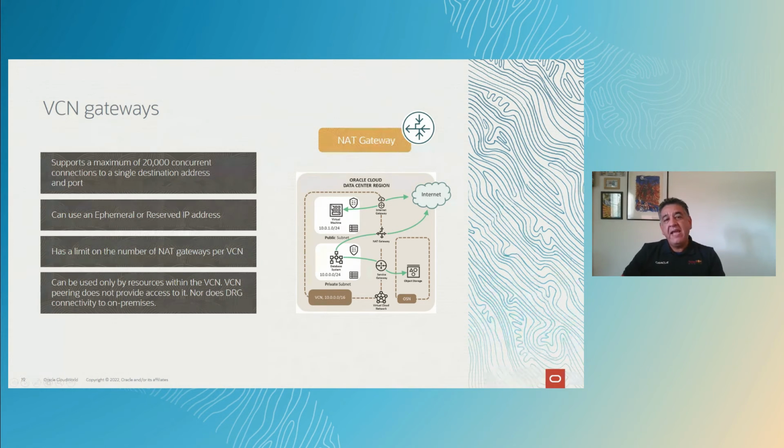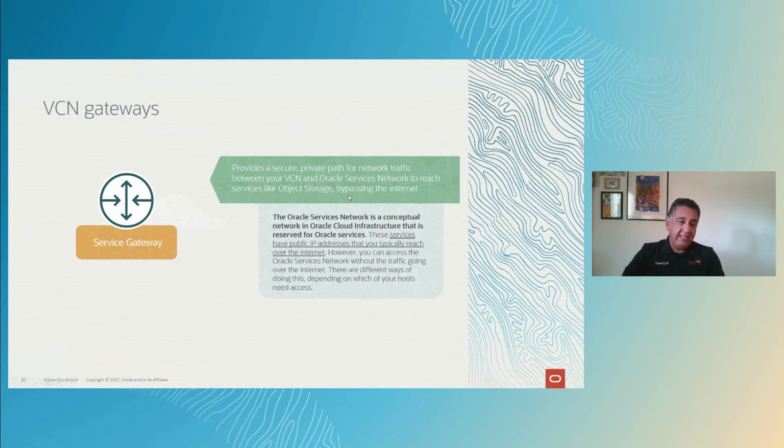Now, the internet gateway and the NAT gateway are not the only gateways that we have in a virtual cloud network. We also have the service gateway, and this is a gateway that has a very specific need. Oracle Cloud Infrastructure has several public-facing services like object storage. You can create an object storage bucket, and anybody from anywhere in the world, if you enable the permissions and allow it, will be able to reach your bucket and retrieve whatever you place there.